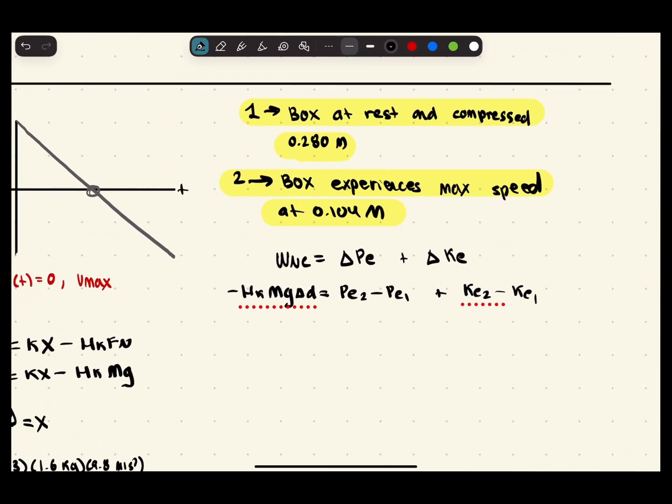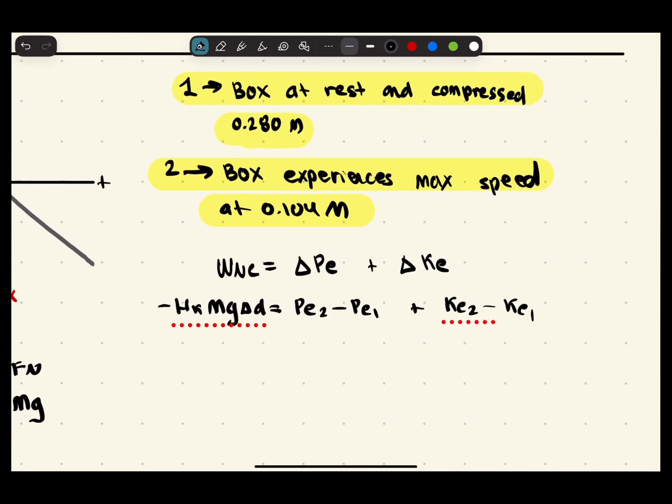This question is a bit different because I've denoted 1 and 2 differently than I did in part A. So 1 is when the box is at rest and compressed by 0.28 meters. If the box is at rest at 1, then KE1, the kinetic energy at 1, is 0.